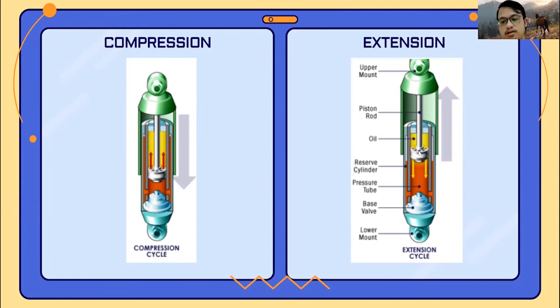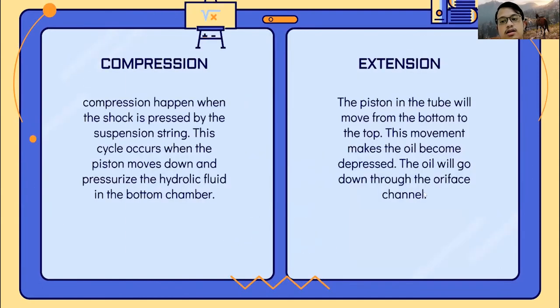This will press the oil, and the oil will go to the bottom through the orifice hole, which is a tiny hole in the piston. I think that's all for the working method of the shock absorber. Thank you.